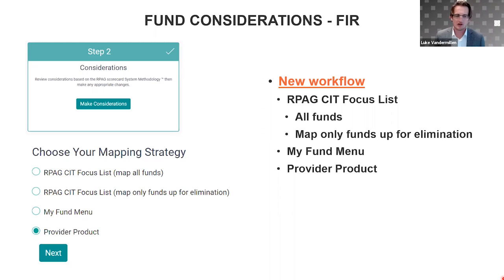And then we also have another option related to the CIT focus list, where instead of mapping all of the funds to RPAG CITs, you can also only map the funds that are up for elimination. So the funds that are up for elimination based on the proprietary RPAG scoring methodology that we use to evaluate investment vehicles, you can map those funds only to RPAG CITs.